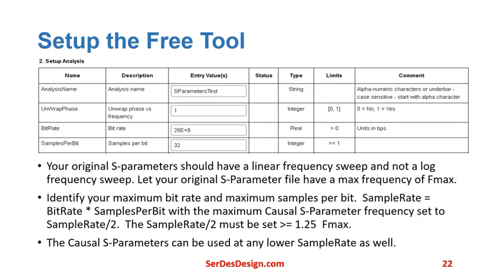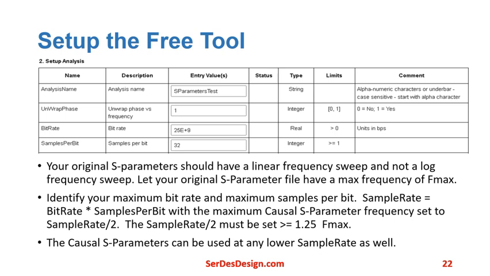Set up the free tool. It is assumed that your intent is to use the causal S-parameters in a time domain tool, such as a channel simulator. Your original S-parameters should have a linear frequency sweep and not a log frequency sweep. Let your original S-parameter file have a max frequency of Fmax. You need to identify your maximum bit rate and the maximum samples per bit.